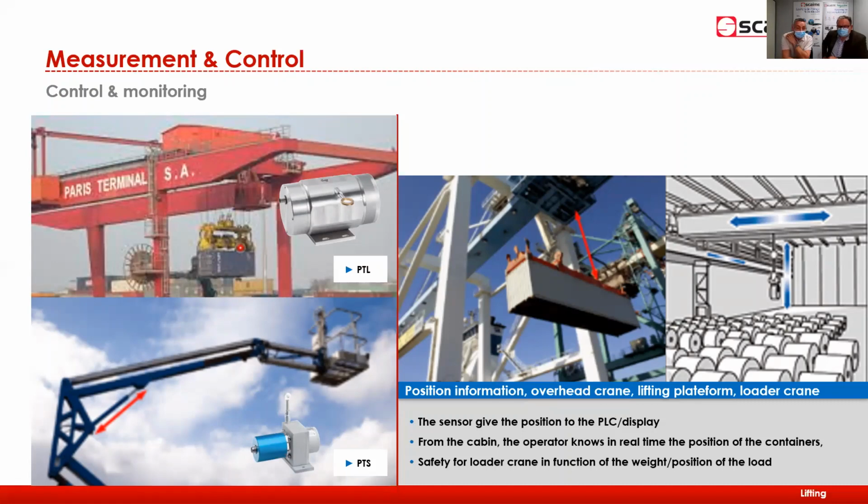Okay. Or another application, if we have a lifting platform, for example, it depends on the weight on this platform here. In function of the weight and the position, the sensor can give the position, for example, here with the jack.